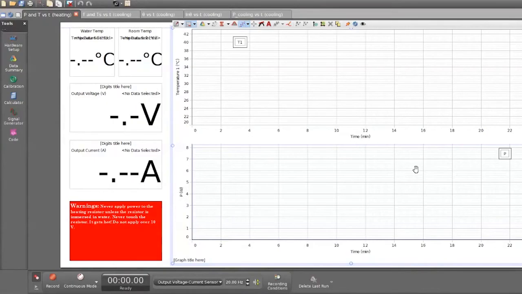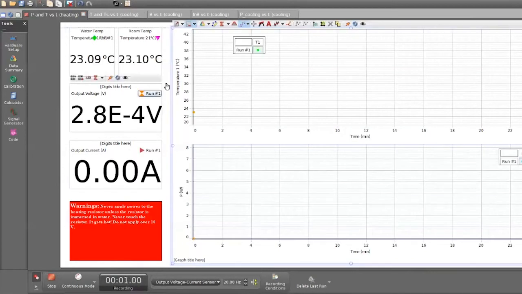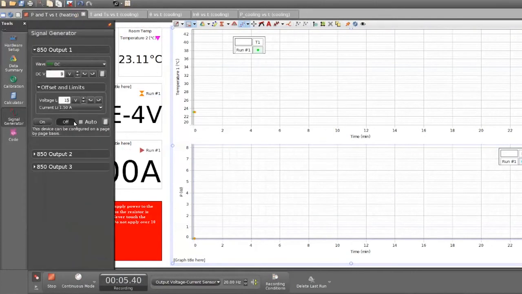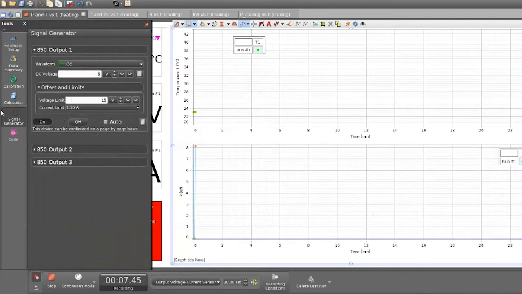For our data collection and experimental phase, we first start off by pressing our record button on our Pasco software and then turning on our resistor to heat up the water. We do this by pressing the on button in our signal generator section of the Pasco software.